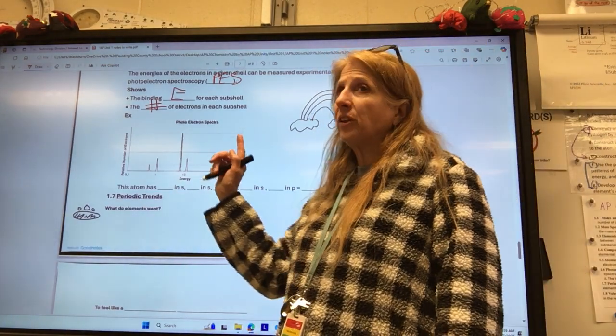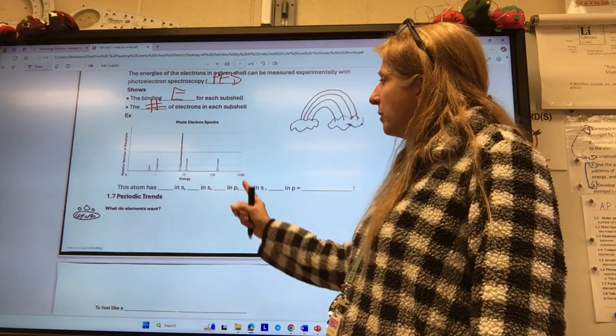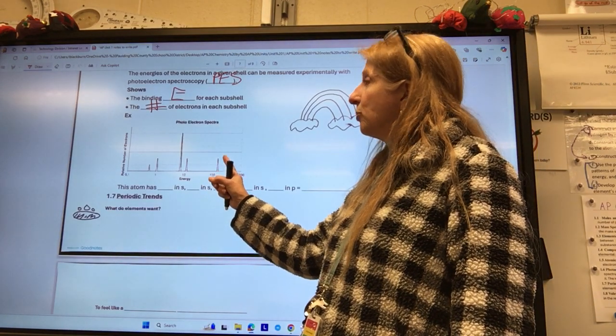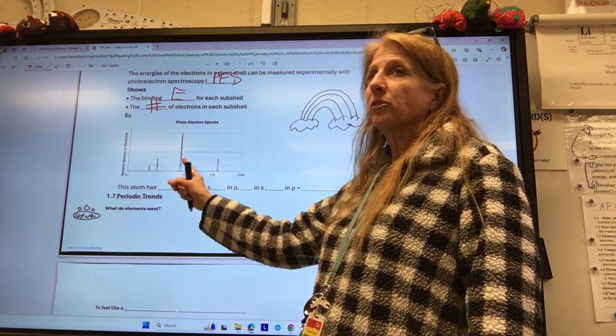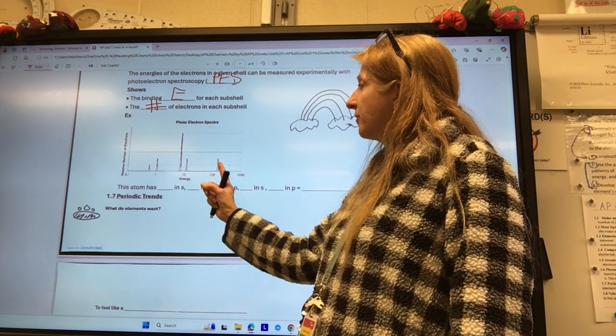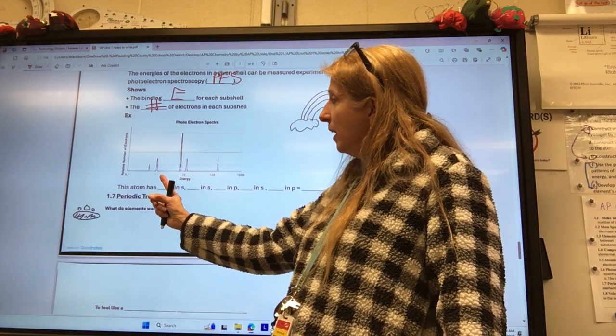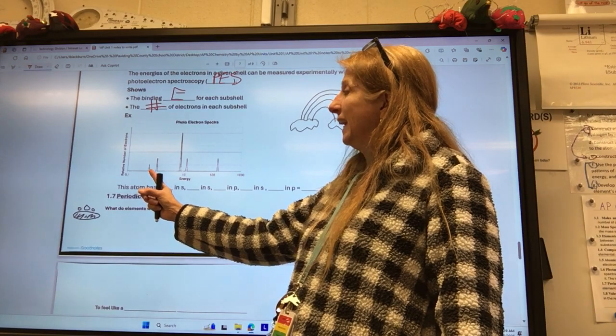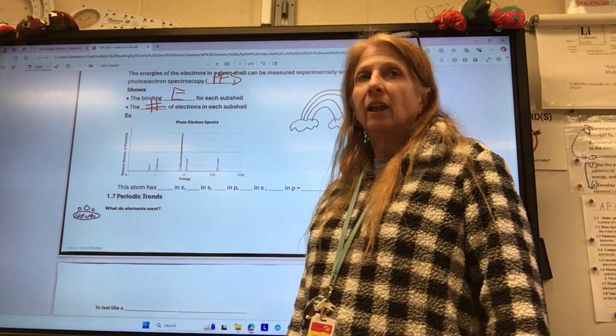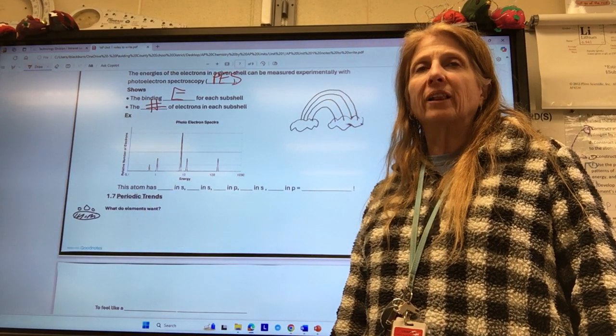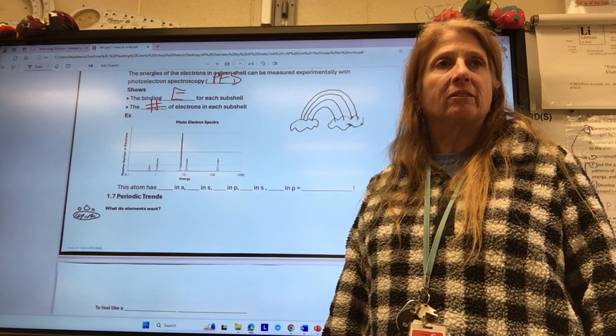And I can tell this one goes the other way because, do you see how that goes 2? And that one goes 2? So that means that's 1s2, and that's 2s2, and that's 2p6, and that's 3s2, and that's 3p1. Can you see that from the relative sizes of those peaks?